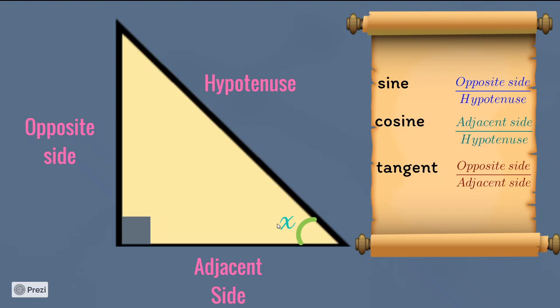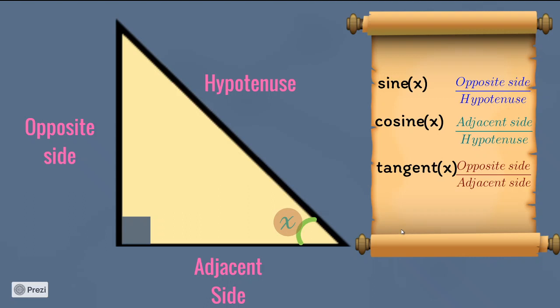You're able to understand, right? So because these ratios are based on the angle that we take, we have to write the name of the angle also here. Because I named the angle x, this is called sine of x, cosine of x, and tangent of x, because all these ratios are based on the angle.